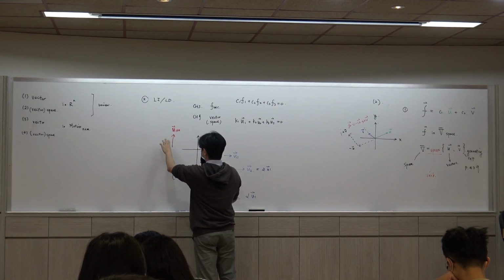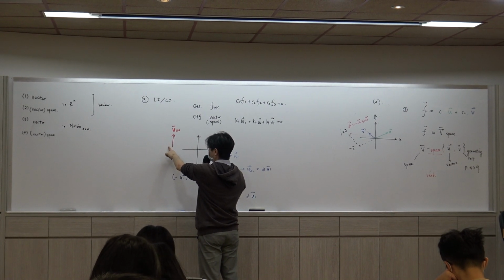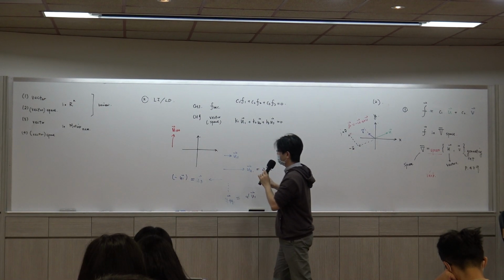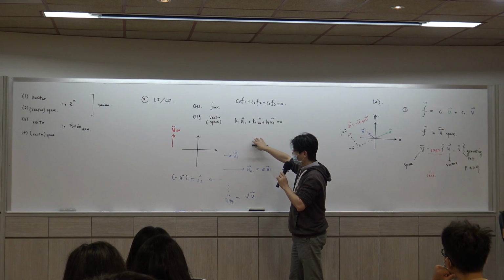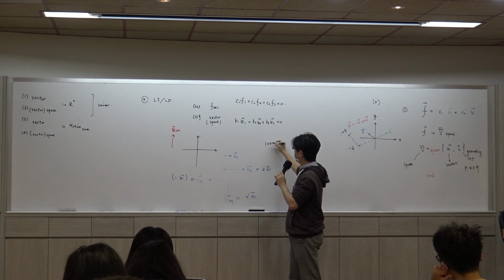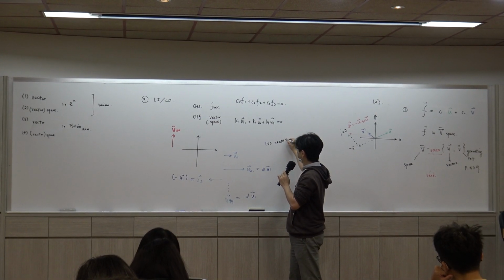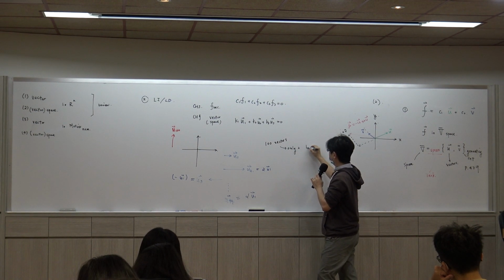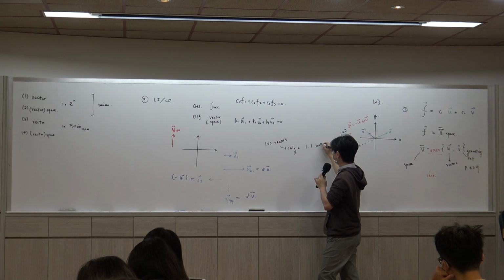But if you have another linearly independent vector, so in the space you have 100 vectors, there are only two linearly independent vectors.